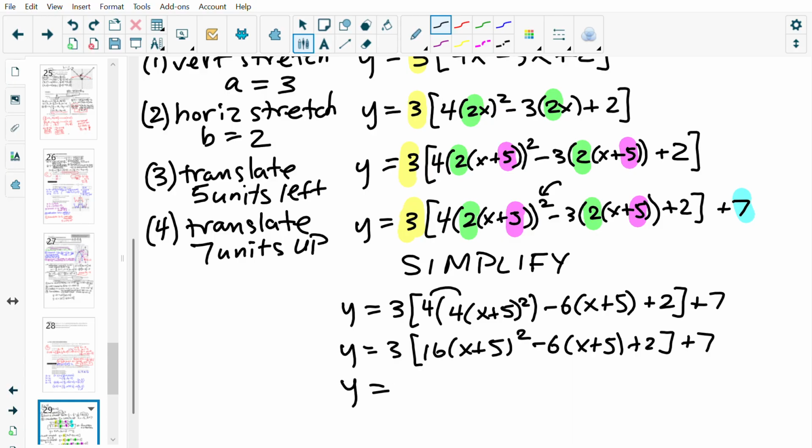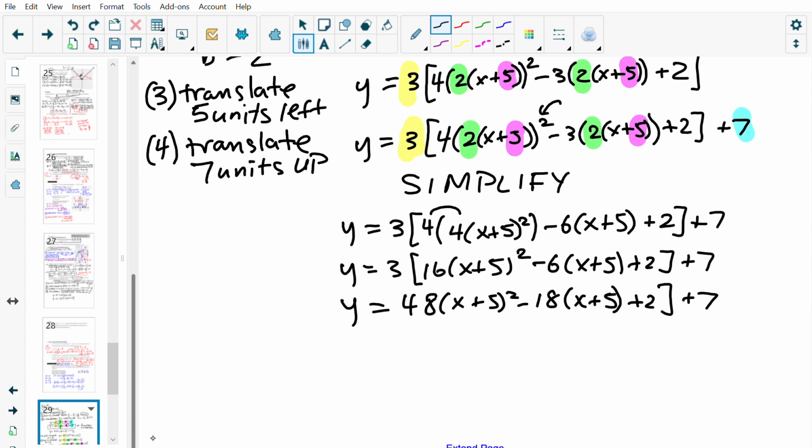Okay, y equals, let me distribute that 3 across the square brackets. That's 48 times x plus 5 squared minus 18 times x plus 5 plus 2 plus 7. Oh, you know what?